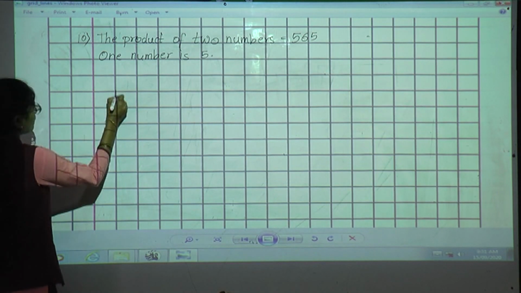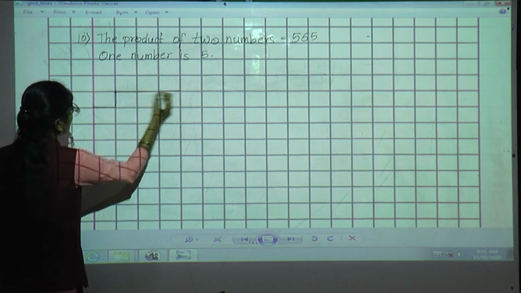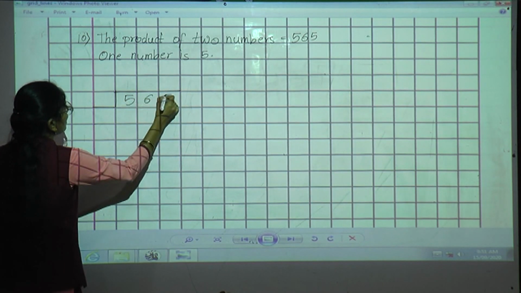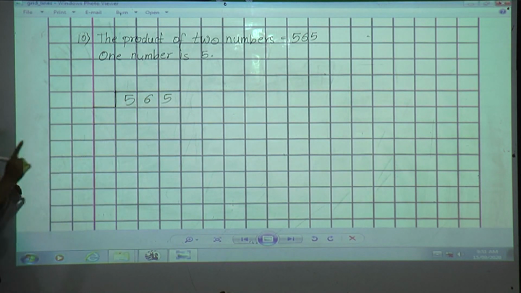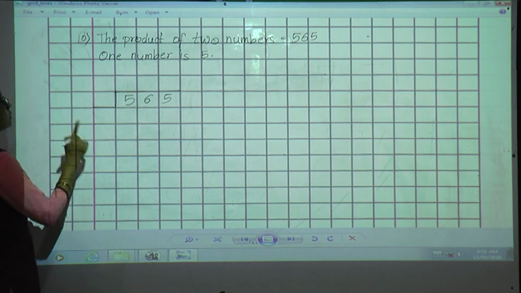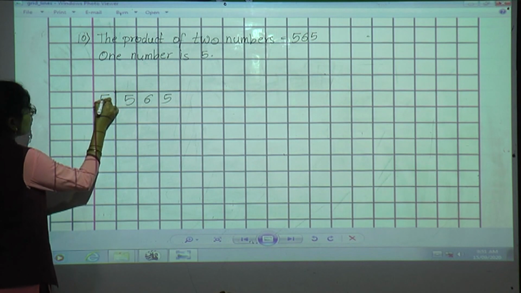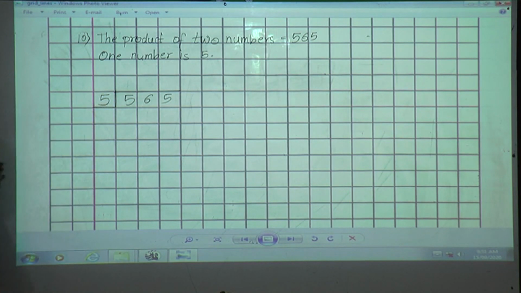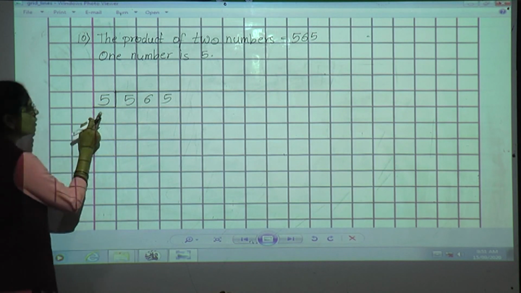If we divide 565 by 5, then we will get the other number. See, product means multiplication. When we multiply two numbers, we get the product 565, and out of those two numbers, one number is 5. We have to find out the other number. So for that we have to do the division.